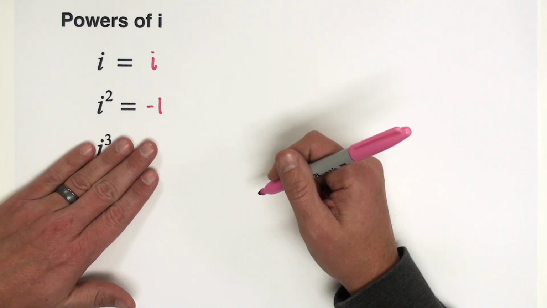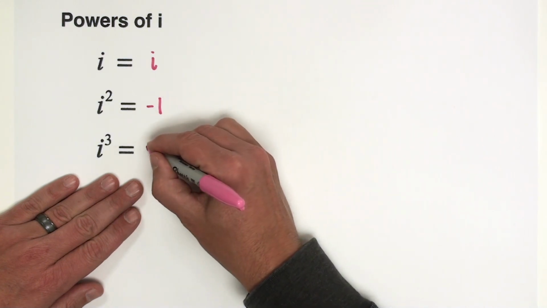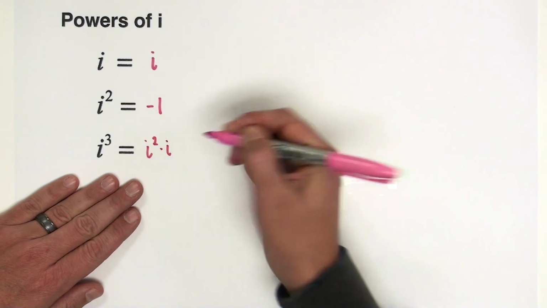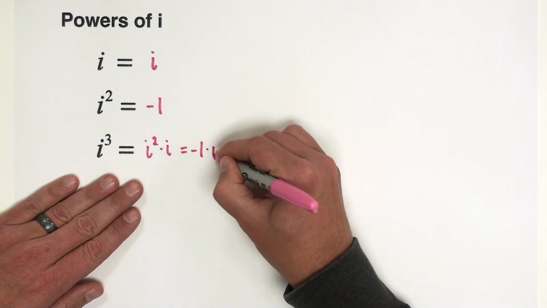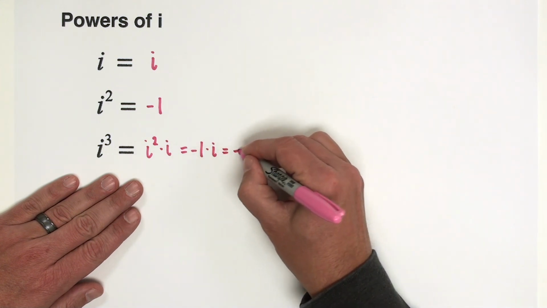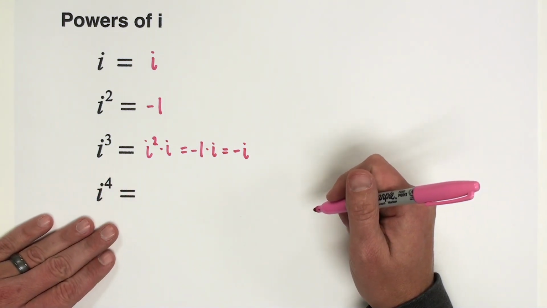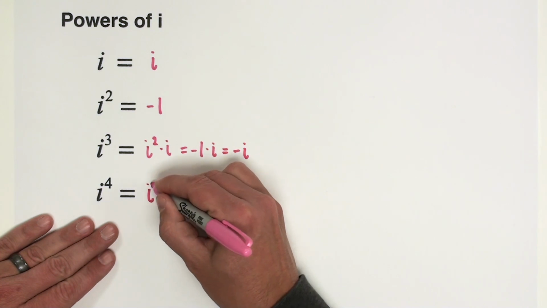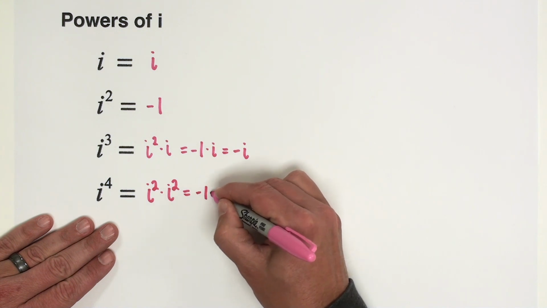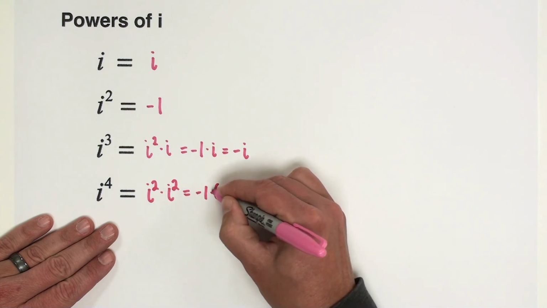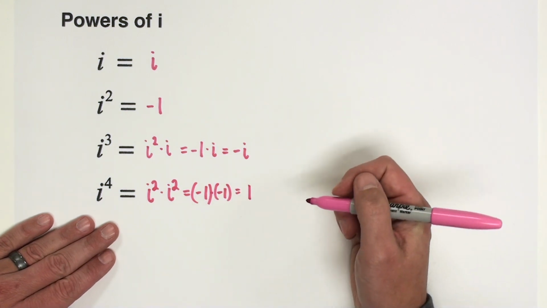Now, let's use those to build i to the third. i to the third power would be an i squared times an extra i. That i squared is negative 1 times that extra i. And so i to the third is negative i. And then i to the 4th power would be the same as i squared and i squared. Each of those i squareds are negative 1. Let's use parentheses here. And negative 1 times negative 1 is 1.